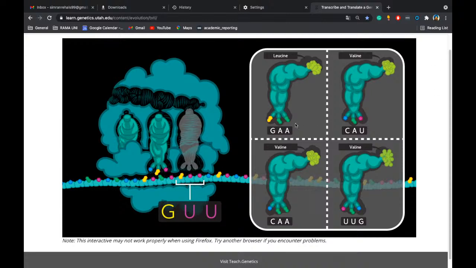So here we can see that it starts with the methionine initially, that's a start codon, and then at the end it stops by the stop codon.